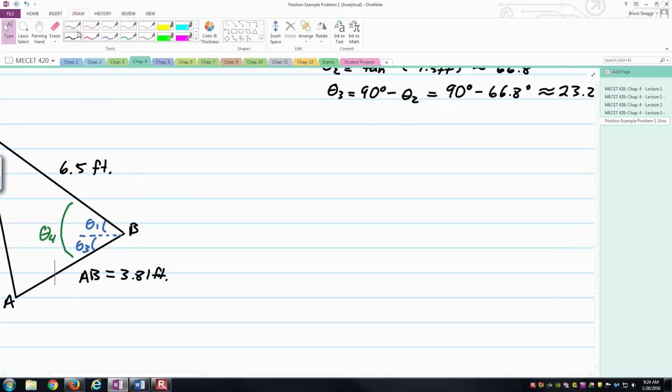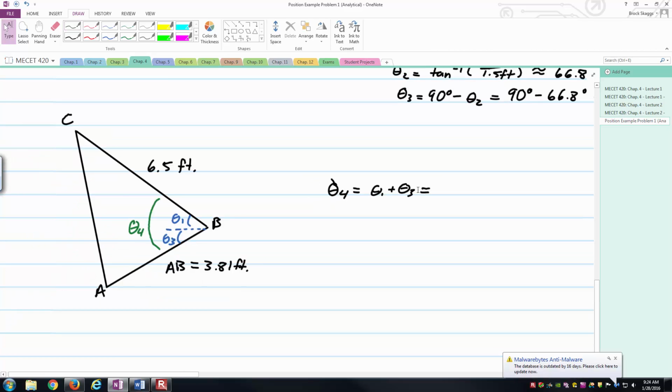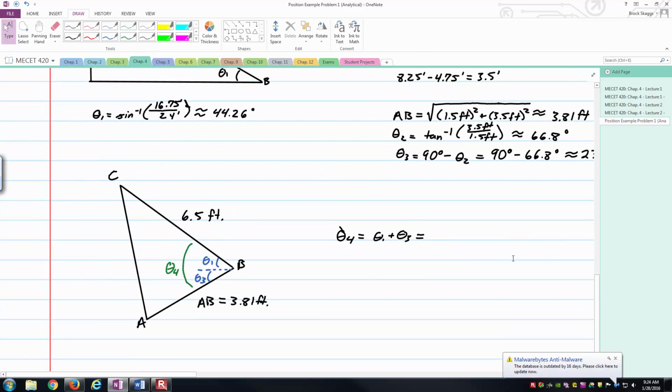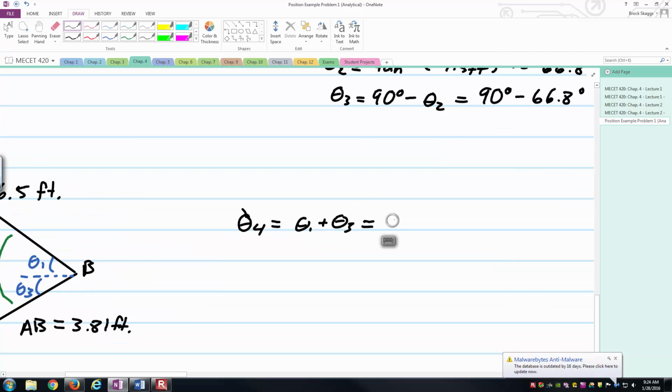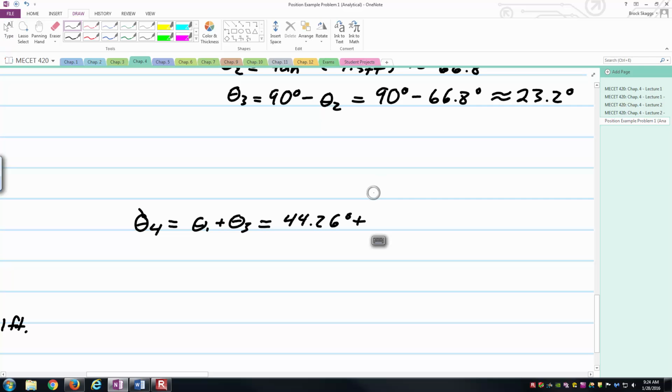And so, coming off to the right here, theta 4 would just be theta 1 plus theta 3. Again, theta 1 was 44.26 degrees. Theta 3 is the 23.2 degrees.